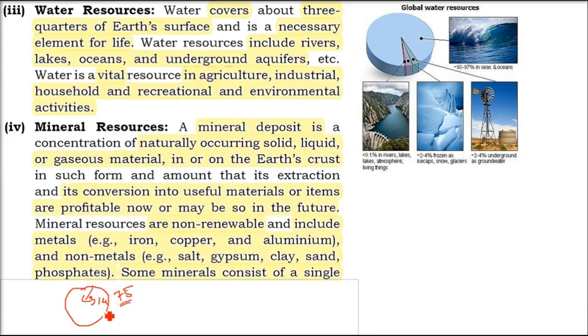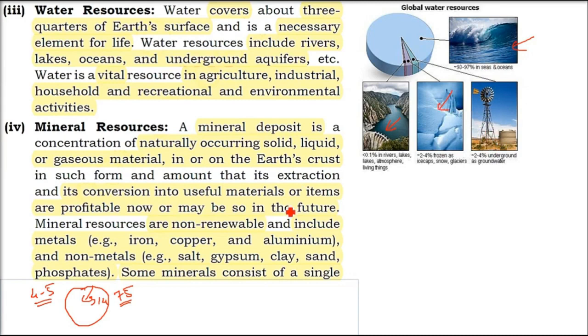But the thing is, without food you can survive for some days. Without water you can't survive for long, and you will be uneasy if you don't get water. Water is so important. Water is necessary for human life. In water resources, what comes? Rivers, lakes, oceans, even the underground water, which we call underground aquifers.